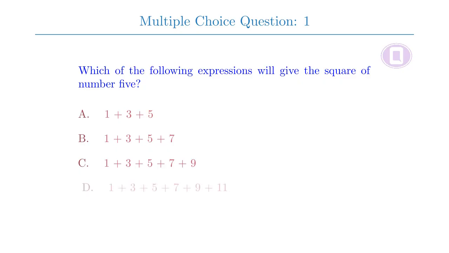Option D, the sum of the first 6 odd numbers. The correct answer is option C. The square of 5 is the sum of the first 5 odd numbers.